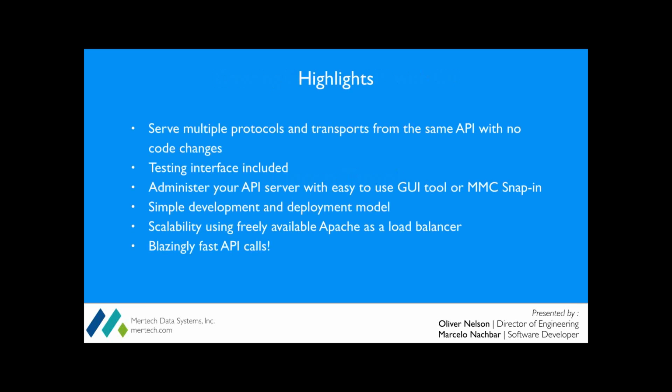One of the other things that we talked about in a prior webinar that I just want to reiterate is the fact that these servers can be placed behind a load balancer like the Apache web server, to allow for very large installations. So you can deploy as a single server setup for a very simple deployment model, or it scales very well.